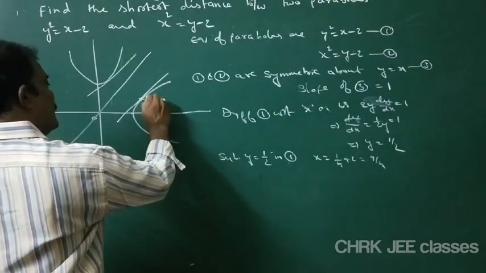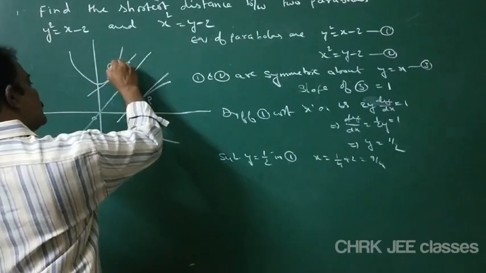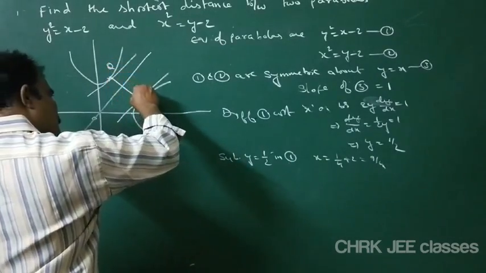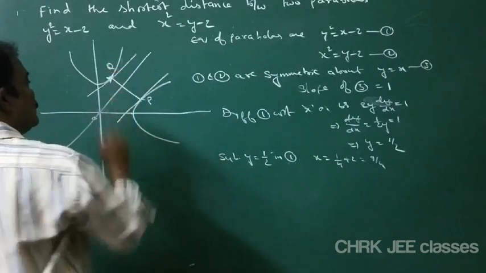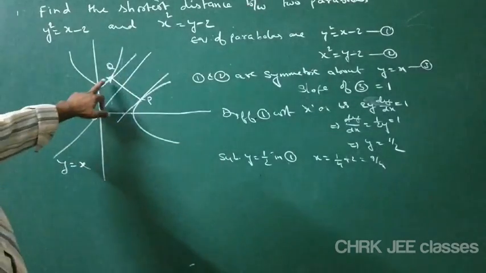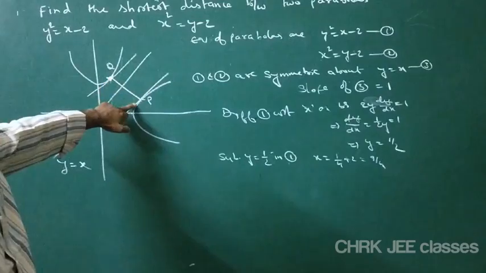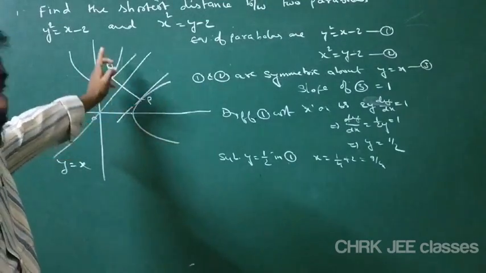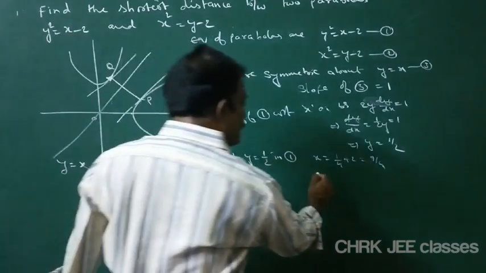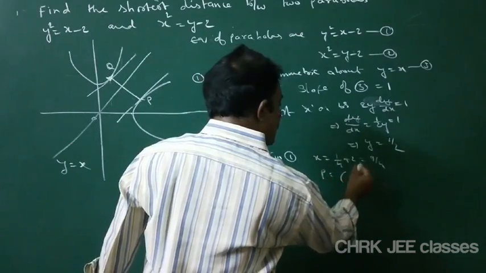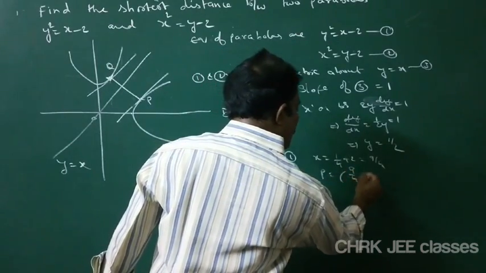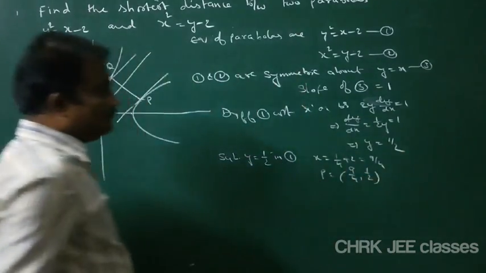Take this point of contact as P and this as Q. This is the common normal. This length is the shortest distance. For finding the shortest distance, we have to find the points P and Q. From this, we got the point P as (9 by 4, 1 by 2).